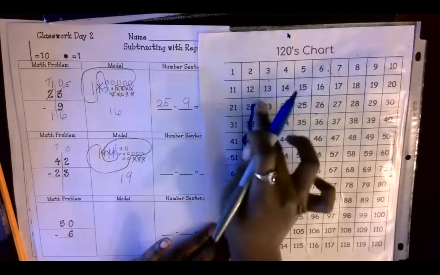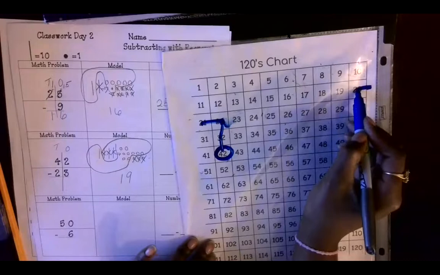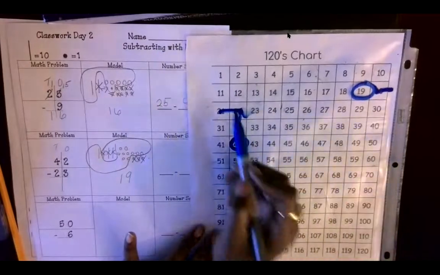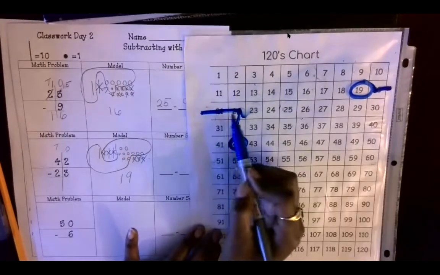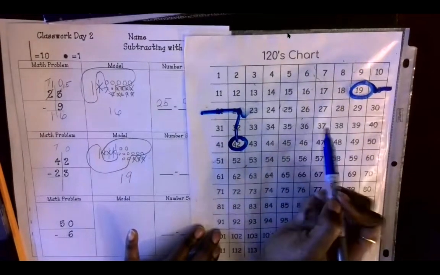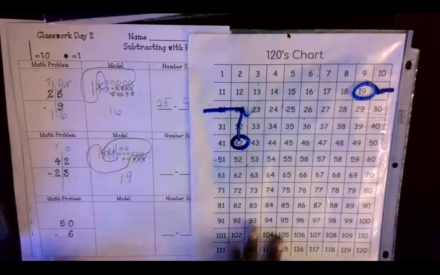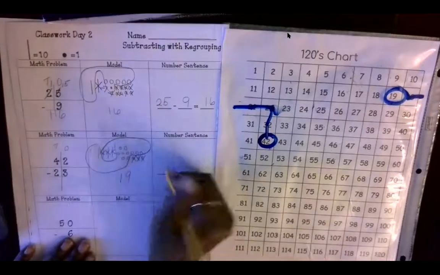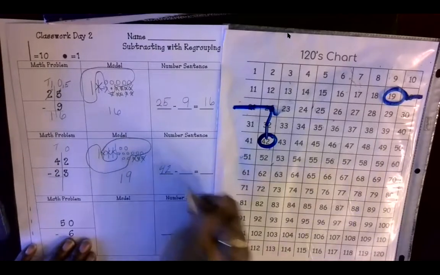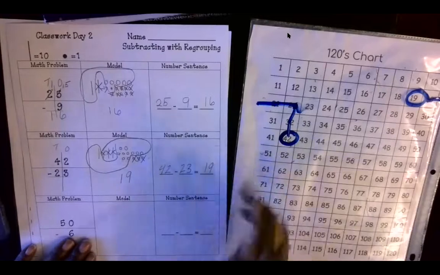I'm sorry, wrong way. 10, 20, 21, 22, 23, 19. See, we had to go this way. We were subtracting less. Wow, 19. Got it there. Now let's check it with our math. Oh, well, first, my number sentence. Remember, 42 minus 23 equals 19.